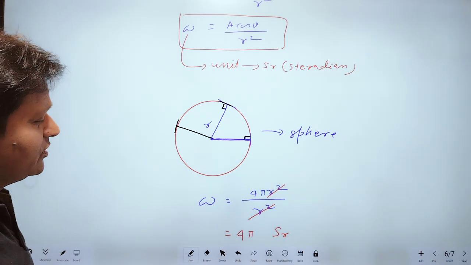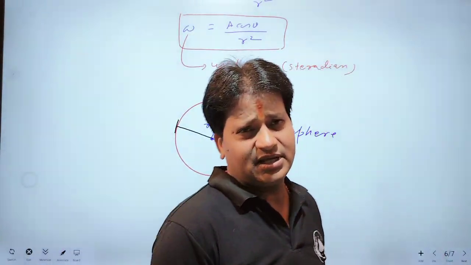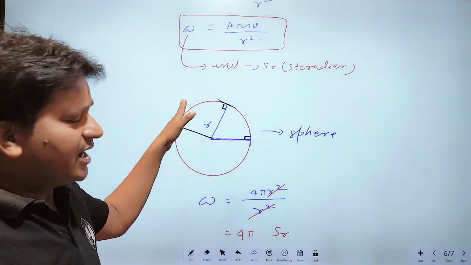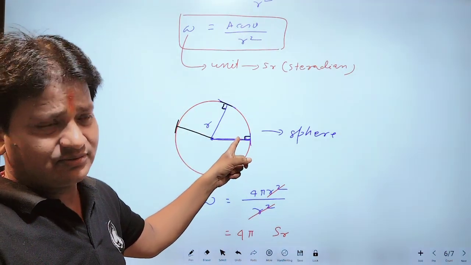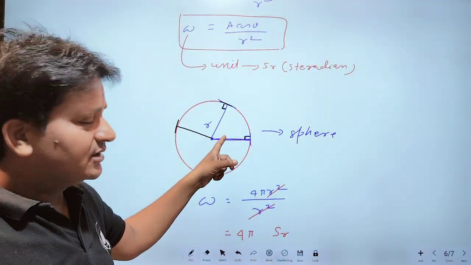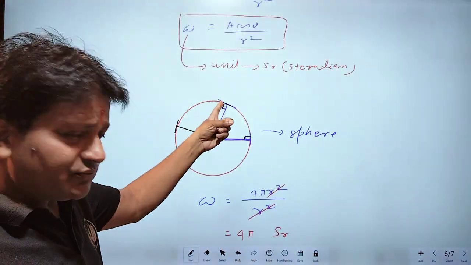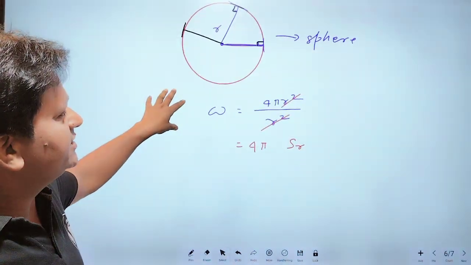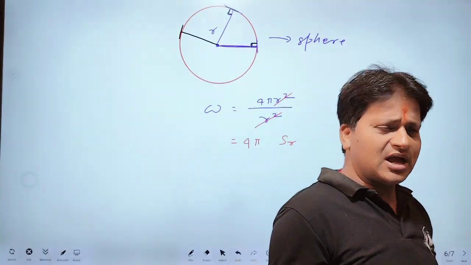According to the definition, solid angle is defined as the ratio of total surface area, and this area should be perpendicular to r, divided by r square.